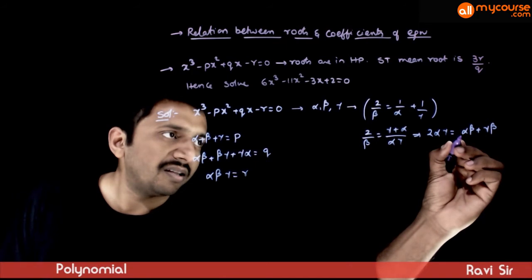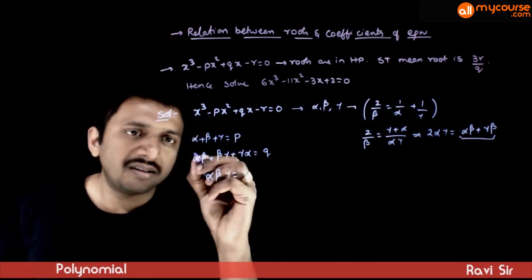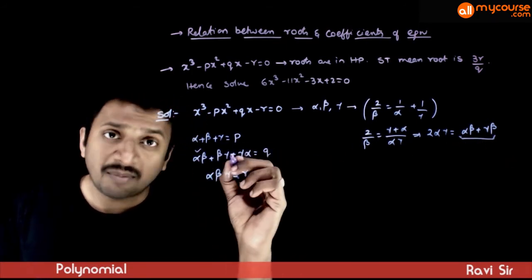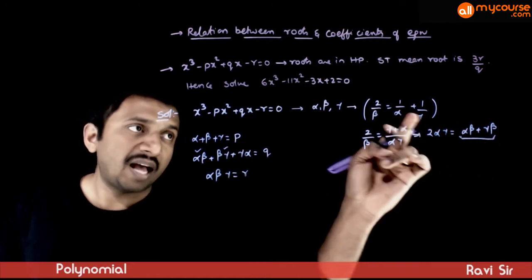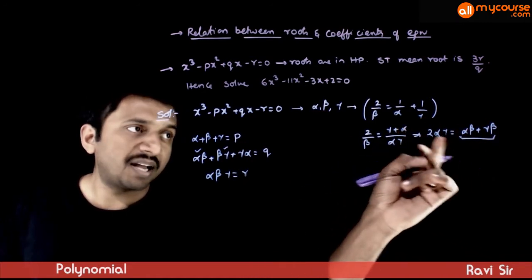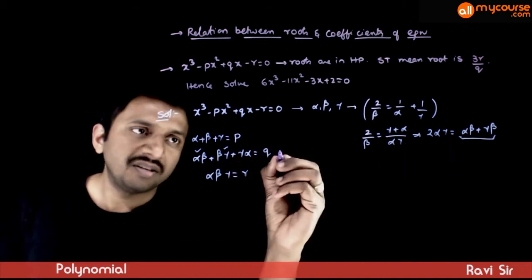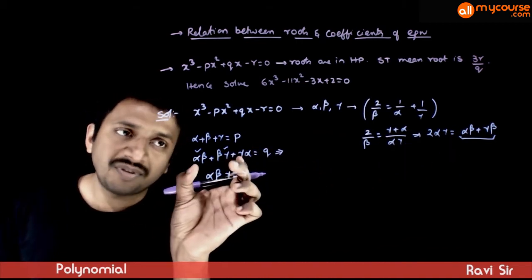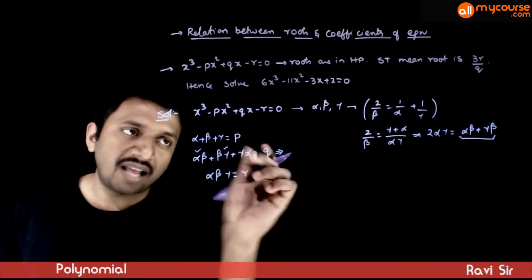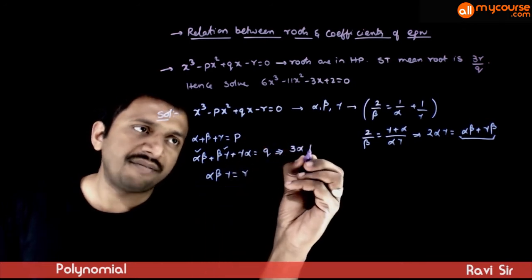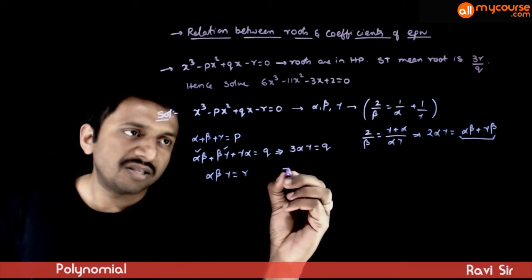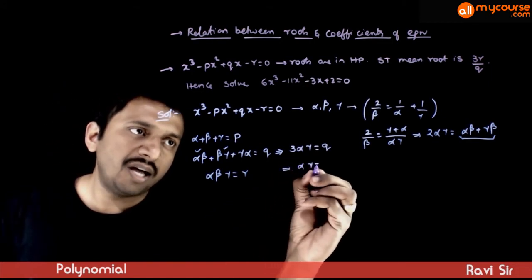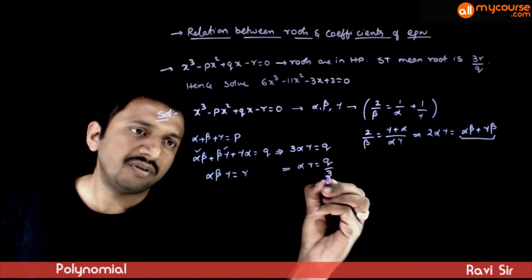Given that alpha beta plus beta gamma is equal to 2 alpha gamma, the sum is 2 alpha gamma plus alpha gamma. So 3 alpha gamma is equal to Q. This implies alpha into gamma is equal to Q by 3.